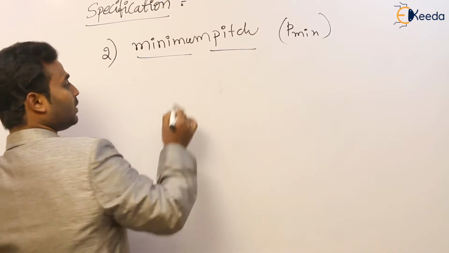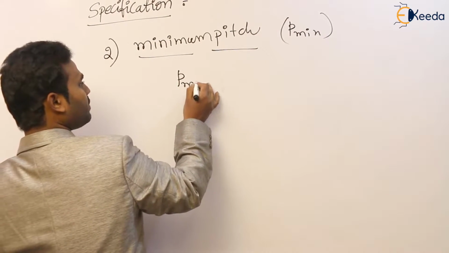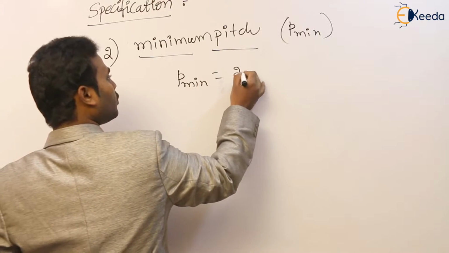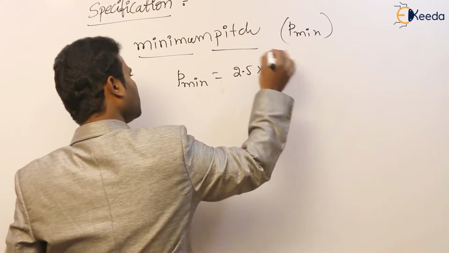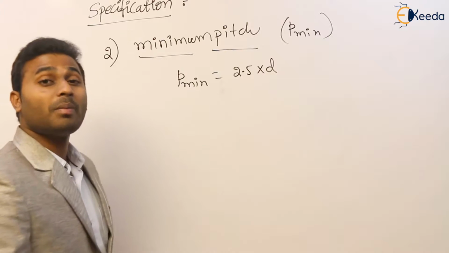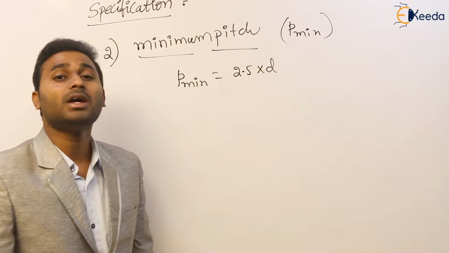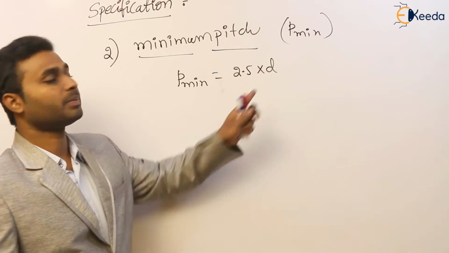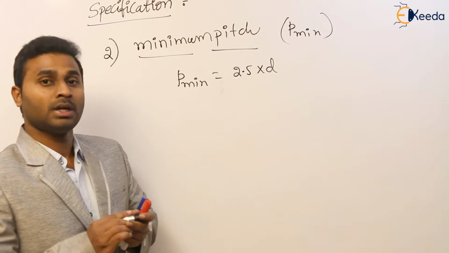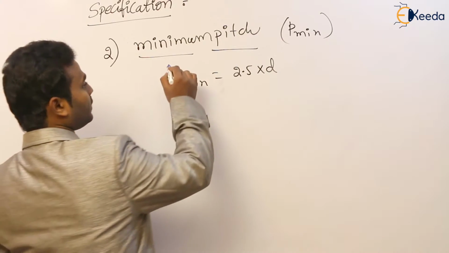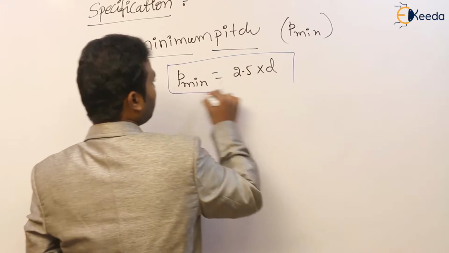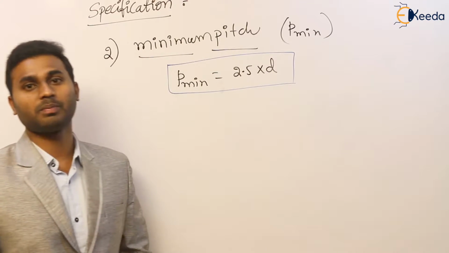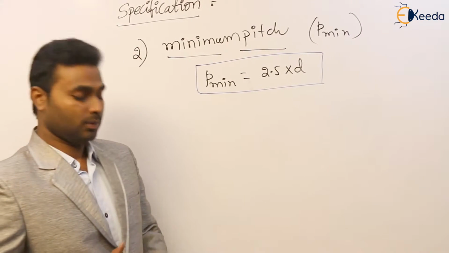The provision given in the code book is P minimum is equal to 2.5 into D, where D is the nominal dia of the shank or dia of the bolt. So the minimum pitch is 2.5 into D. As I said, it is a very, very important provision for the minimum pitch of a bolted connection.